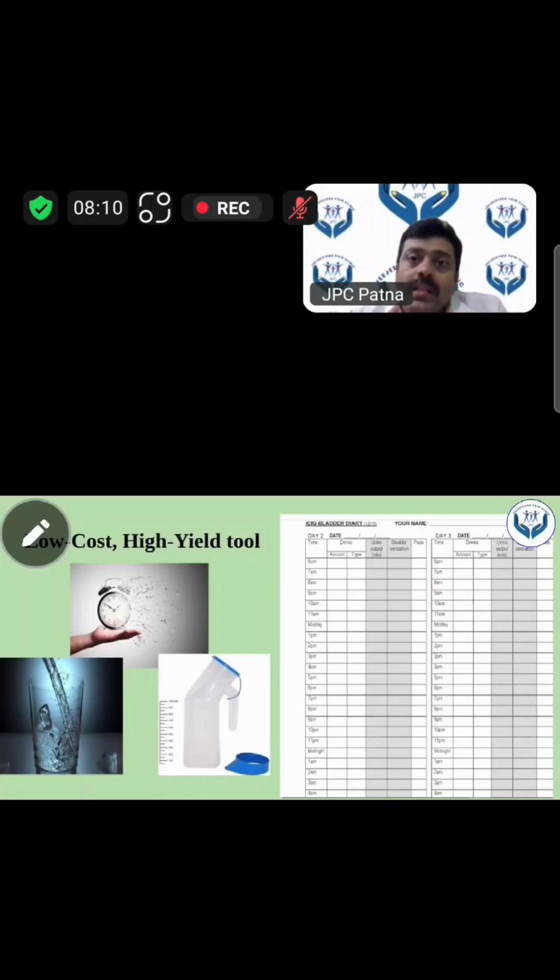So bladder sensation helps you understand the urgency, especially in patients with incomplete spinal cord injury or brain injury. In patients with brain injury, most have intact sensation, and that helps them realize when they are going to pass urine. Of course, cognition matters, and if the patient has good cognition, you will find the patient gives a good bladder sensation.